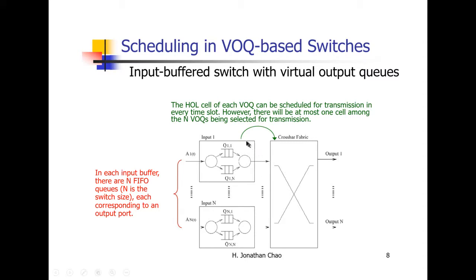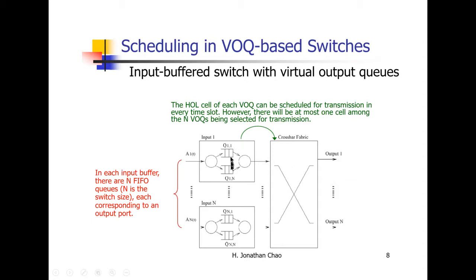So for each input you have to arbitrate between n potential contending cells, and then you have also to arbitrate between n potential contending head of the line cells for each output, because basically in each input you can physically transfer only one cell at a time.